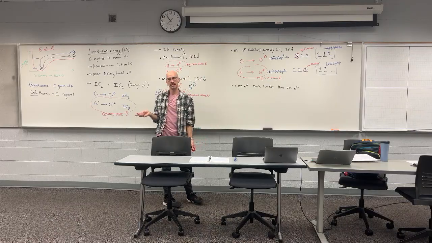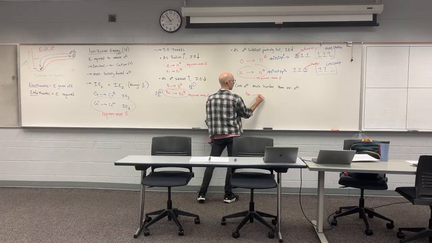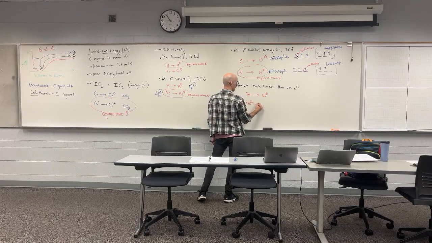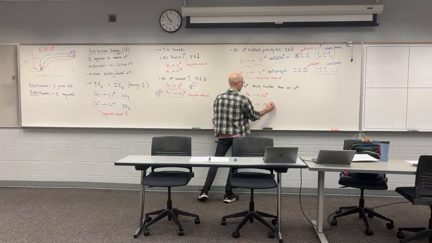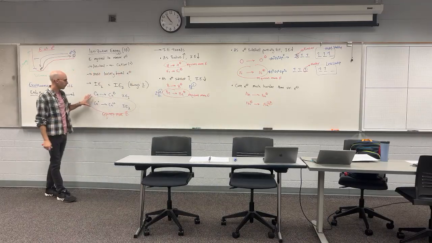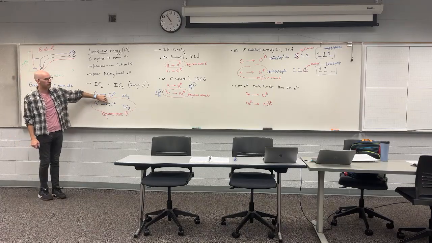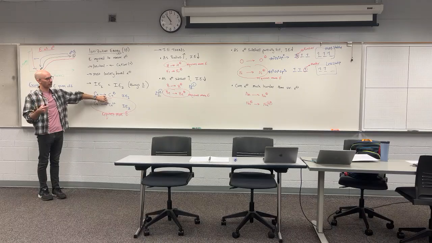So this is similar to what we just looked at with the charges, but actually takes it a step further. We know from our calcium example that calcium plus to calcium 2 plus requires more energy.